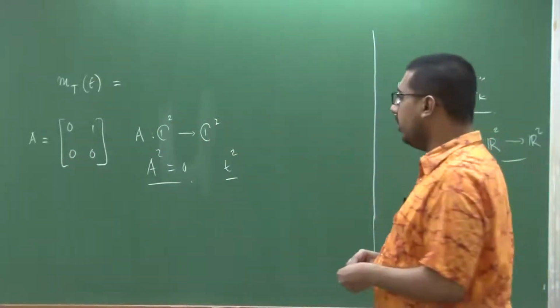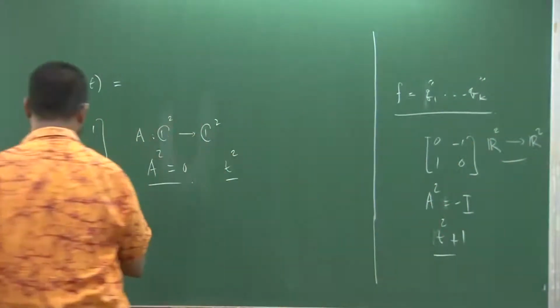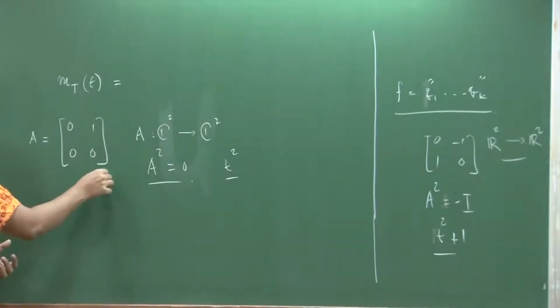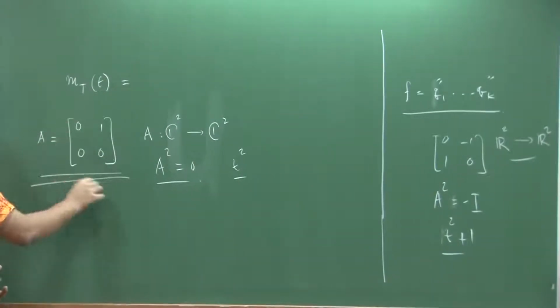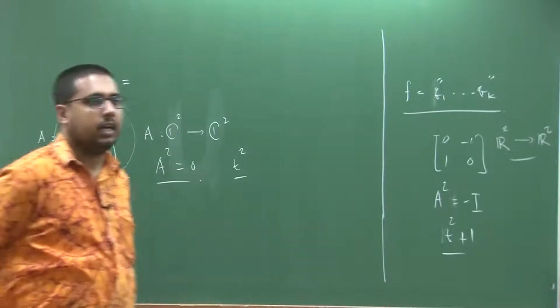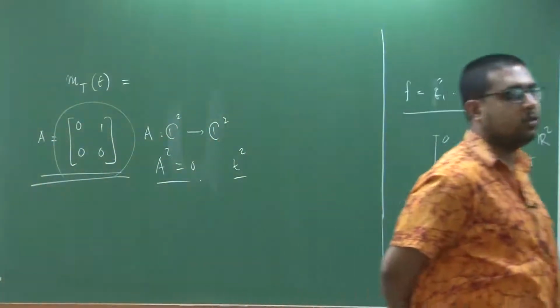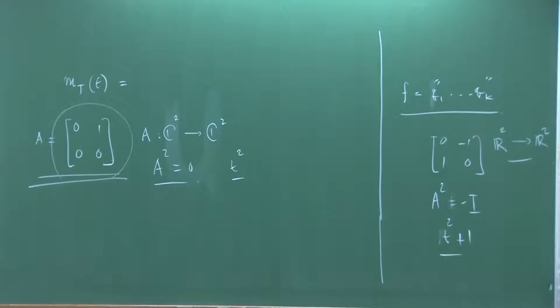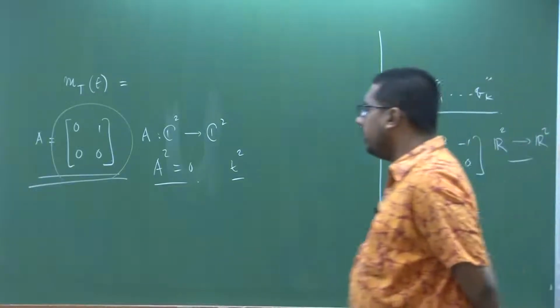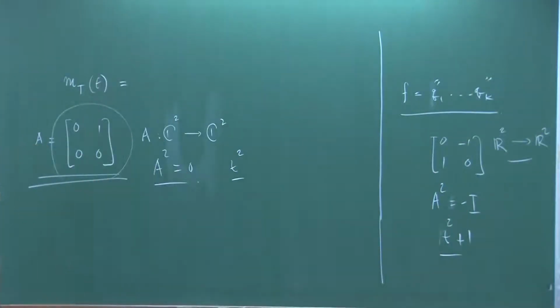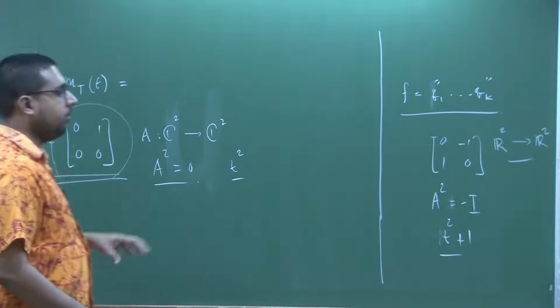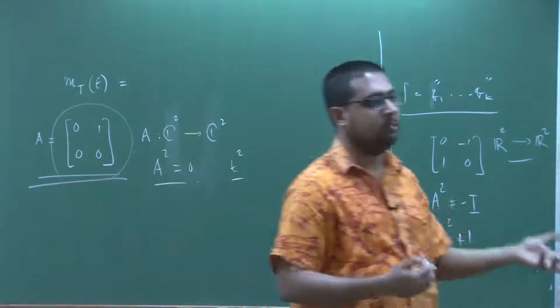I repeat, for example, though this is not diagonalizable, if you look at its matrix, it seems quite acceptable to us, because it has only one 1 and the rest 0. Even if our primary aim was to bring the matrix into the simplest form.